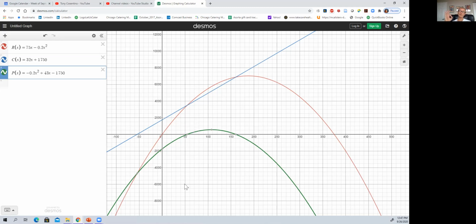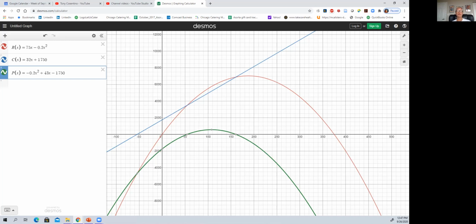So again, break-even point is where the revenue and cost intersect, or also where the profit equals 0. And our maximum profit is the vertex over here, and it looks like it's 107.5. So that's how many wristwatches, and you only make $561.25 selling that much. So you can see how the graphs correspond to all the calculations that we did as well.